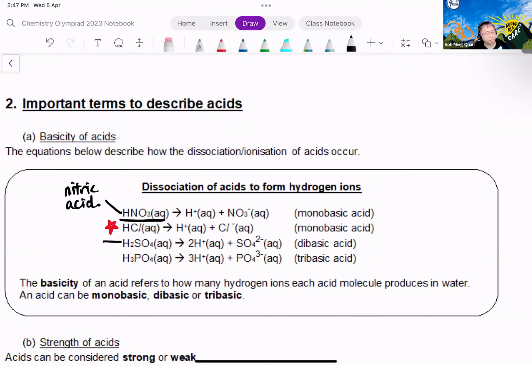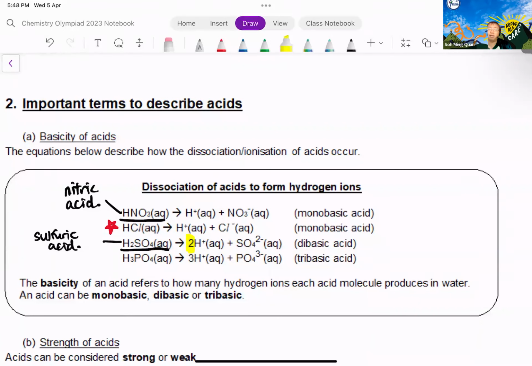Next, we have H2SO4, whose name is sulfuric acid. Sulfuric acid dissociates and ionizes in aqueous solution. But now you realize it's 2H+.